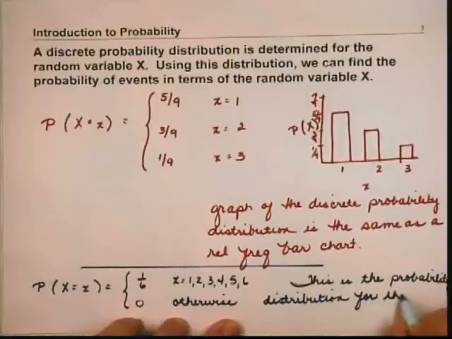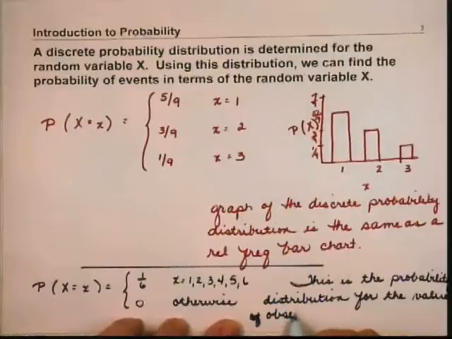This is for the value observed when rolling a die.